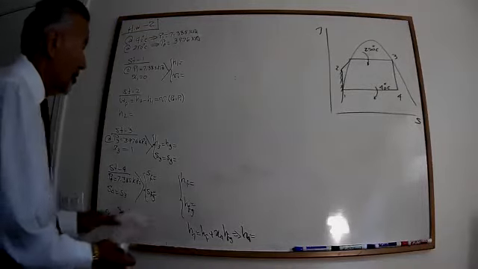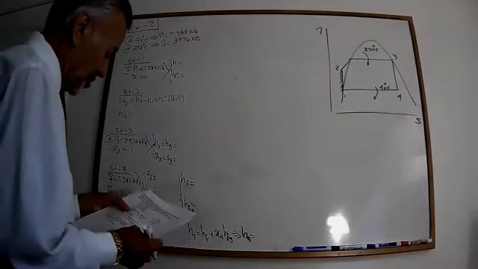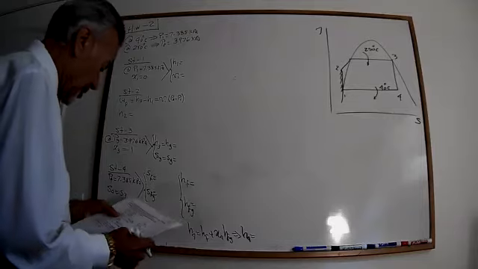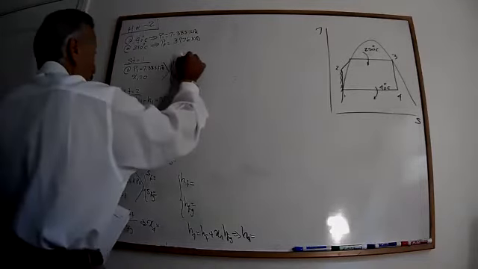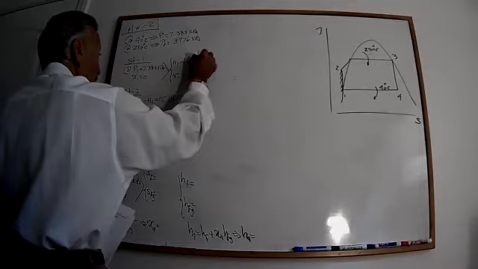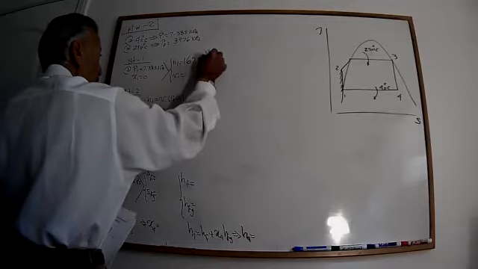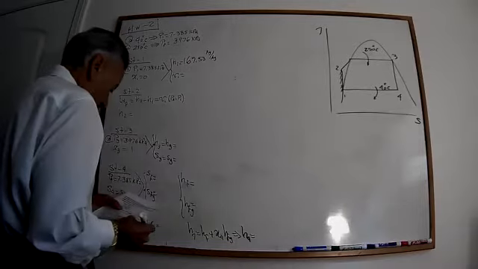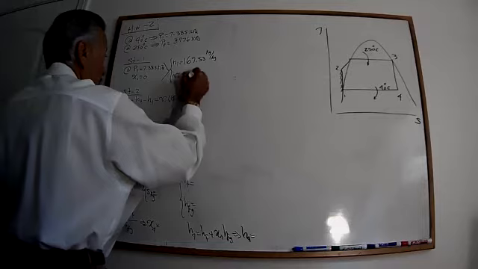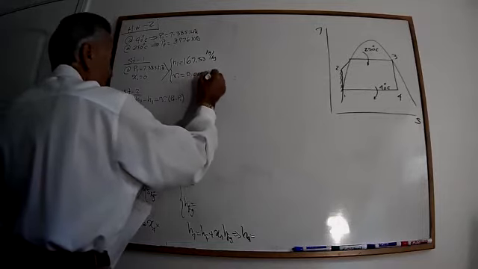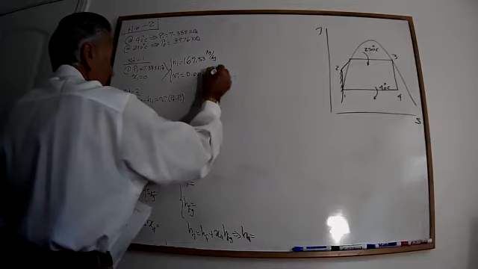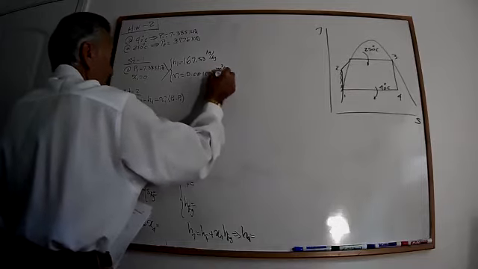So if you know that, the value of H1 after interpolation and all of that becomes 167.53 kilojoule per kilogram. And V1 is 0.001008 meter cubic per kilogram.